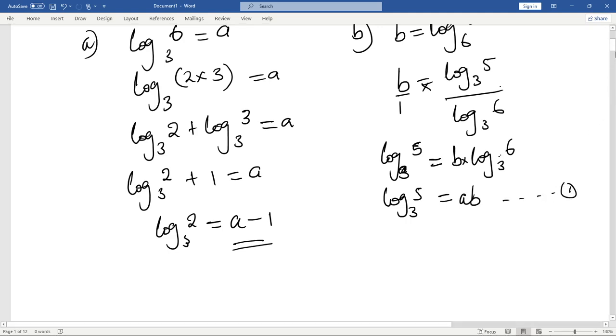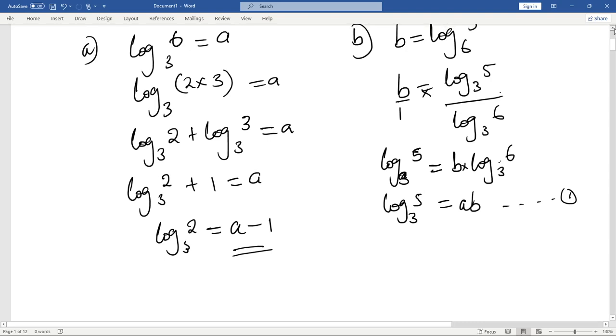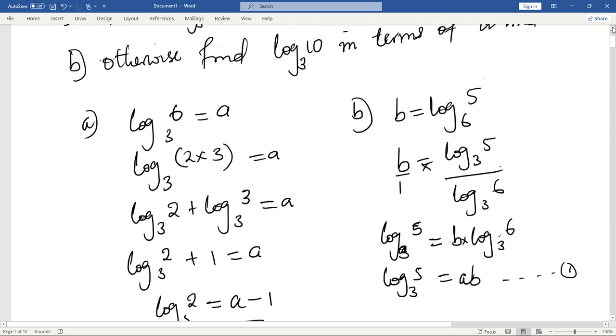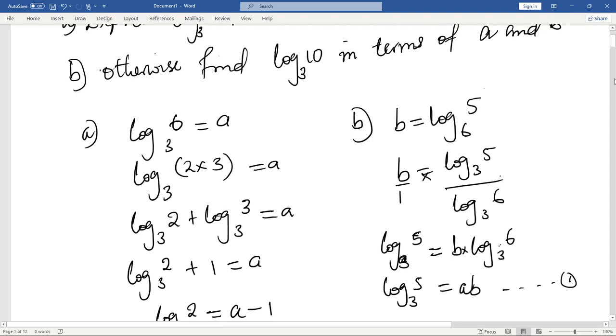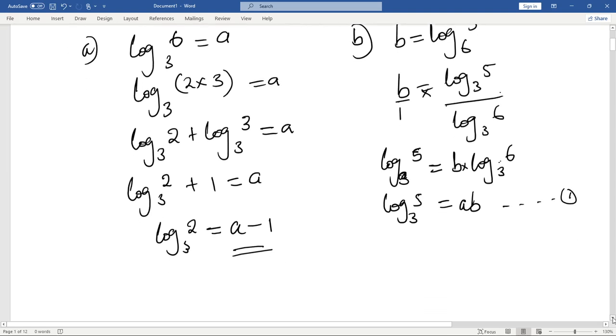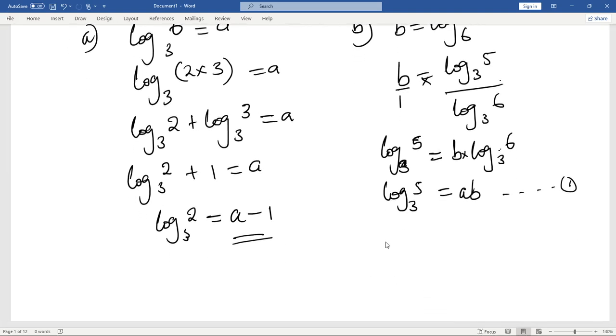Now our question says we need to express log 10 in terms of a and b. So how do we express this in terms of a and b? We get log 10 to the base 3 and we break it down.